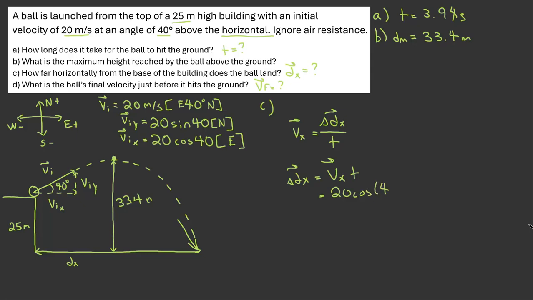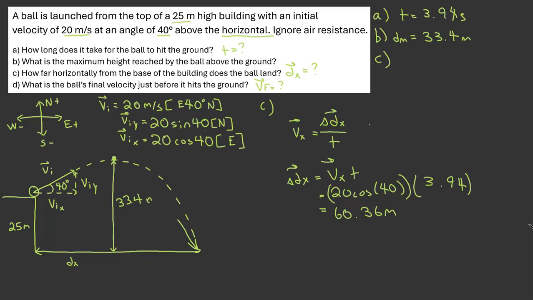I'll punch this directly into my calculator: 20 cos 40, multiplied by our time, which is 3.94. And when I punch that in, I'm going to get about 60.36 meters. And that's our answer. Very basic, very straightforward problem.